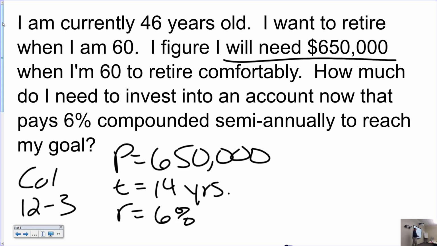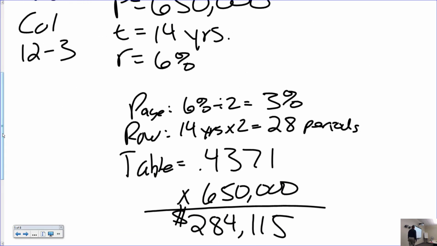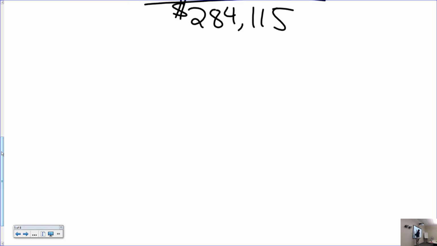I could, in theory, just let that $284,000 grow for 14 years. Now, how much interest am I going to earn? Where's the interest in this calculation, folks? At the 6%. Or 3%.